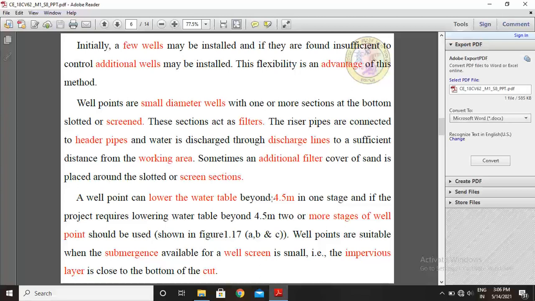Well points are suitable when the submergence available for a well screen is small, that is, when the impervious layer is close to the bottom of the cut. Okay, so these are the explanations of well point systems and deep well systems, and how the water table is lowered.